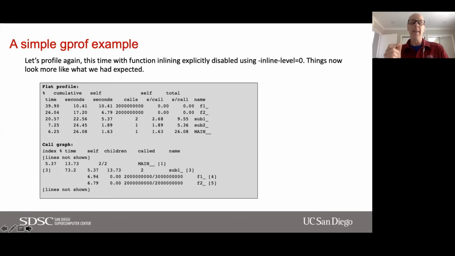So now things are going to look more like what we expected. If we look at the breakdown of usage, you'll see that main really doesn't account for very much. It's about 6.25% of the time. That's just time spent in allocating those arrays and initializing them. Instead, you'll see that F1, F2, sub1, and sub2 account for most of the time, which is what we expect.